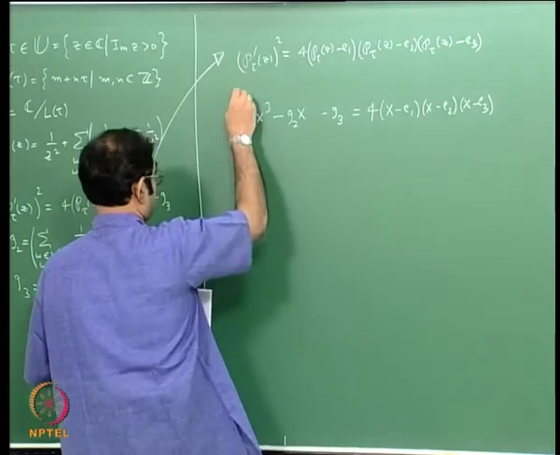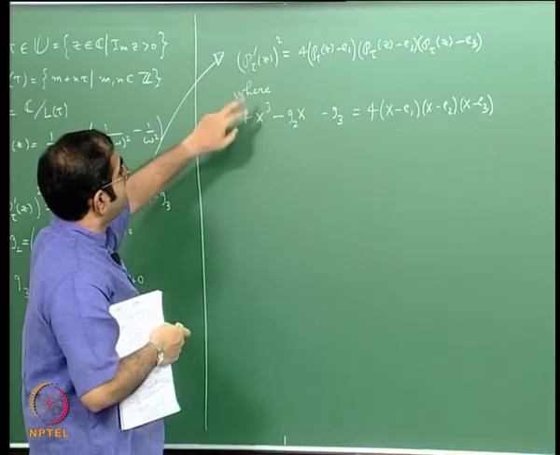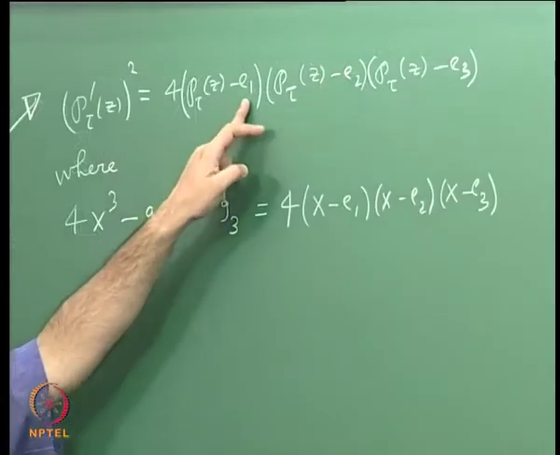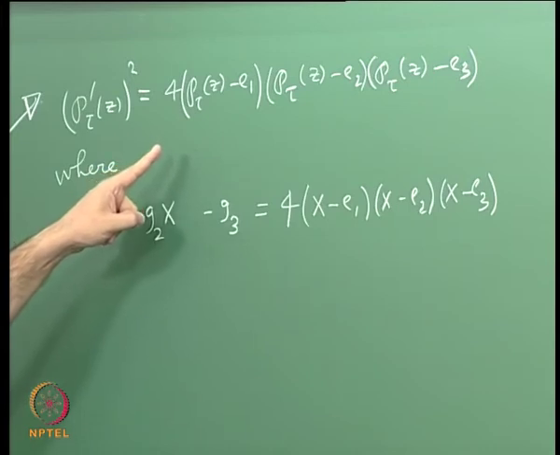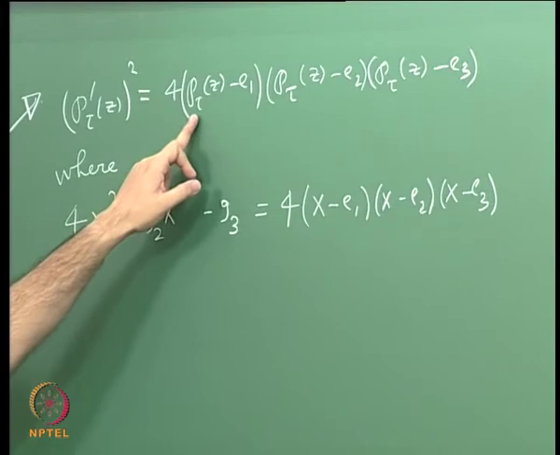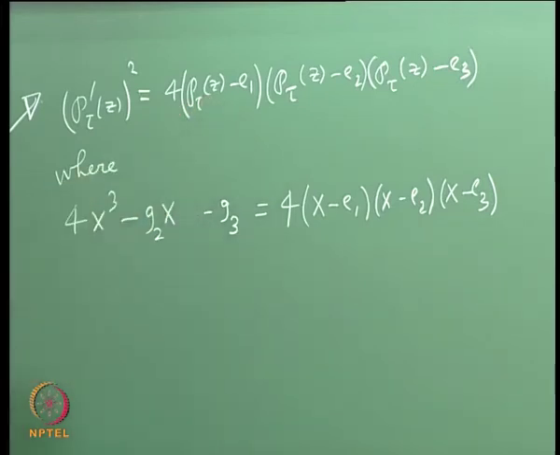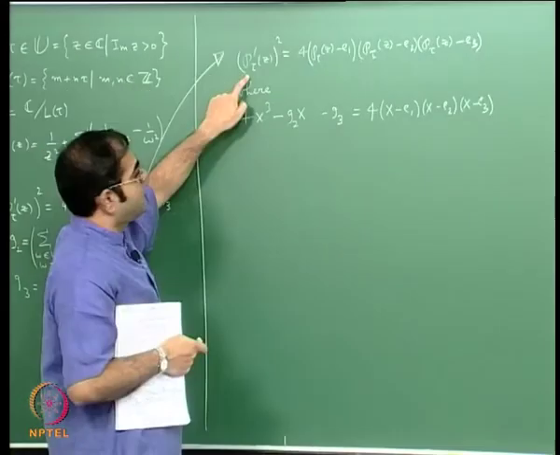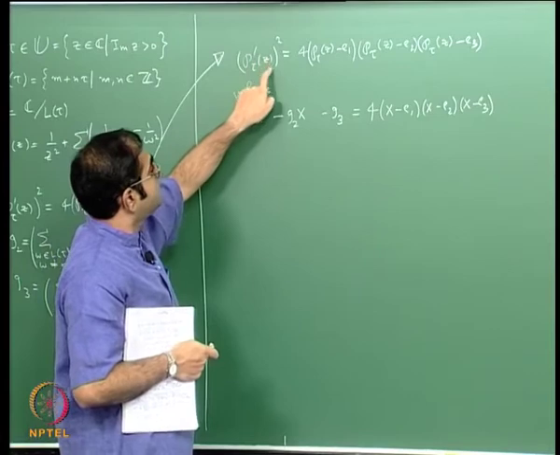The key is to find what these E1, E2, E3 are. So we would like to look at for what values of z this side vanishes, because on this side I have p tau prime whole squared.